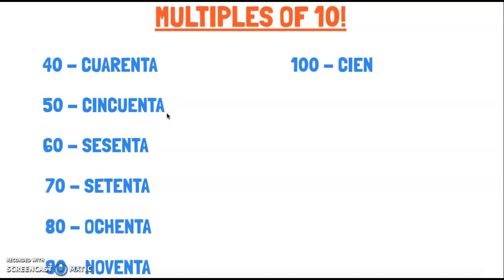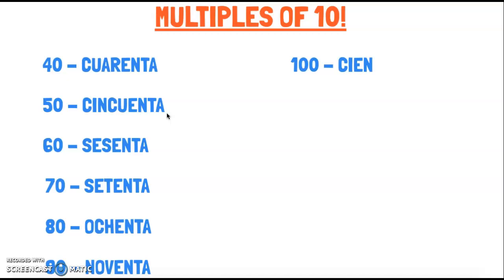Now remember that pattern only applies to numbers 30 up to 99. Again, it only applies to numbers 30 up to 99. So that means numbers 0 through 29, you need to memorize them on their own.